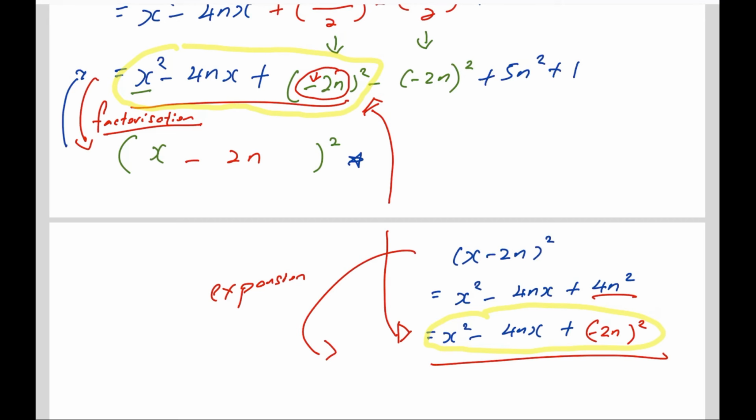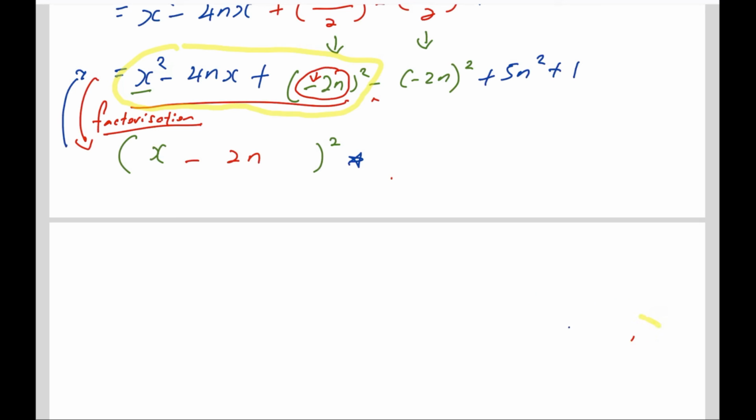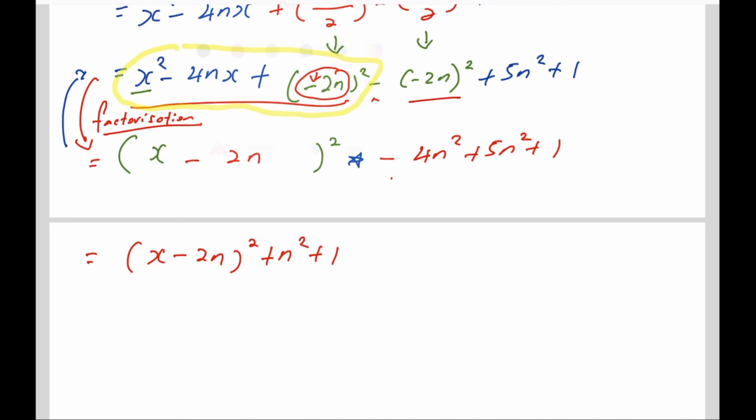So what happened here is we have done the process of factorization, and then we continue with the following parts: negative 4n squared plus 5n squared plus 1. Keep in mind, why do we express in vertex form?